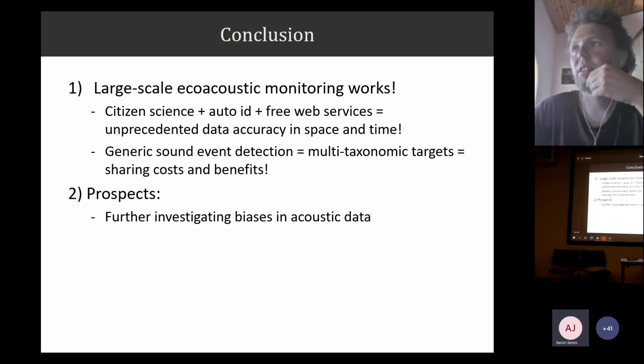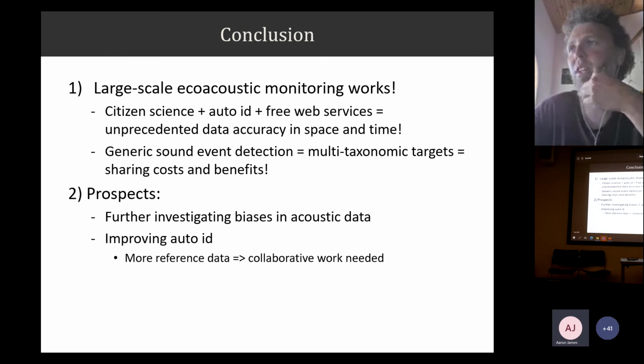And for prospects, like many of you already said, we have many biases in acoustic data to investigate, like masking, attenuation, and so on. And of course, we still have large room for improving automatic ID.